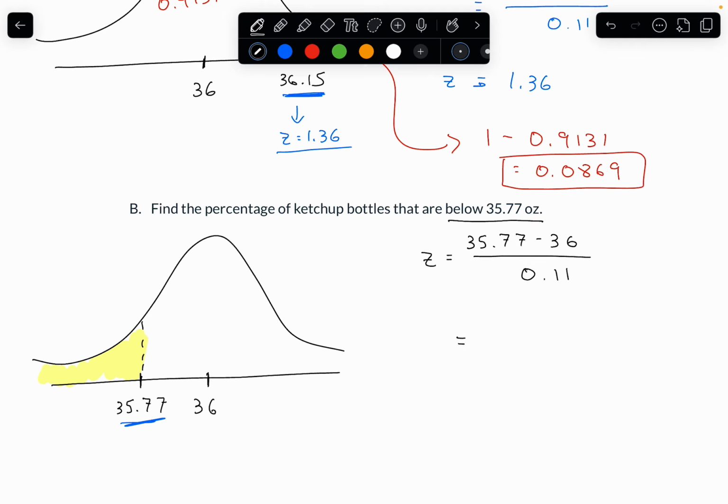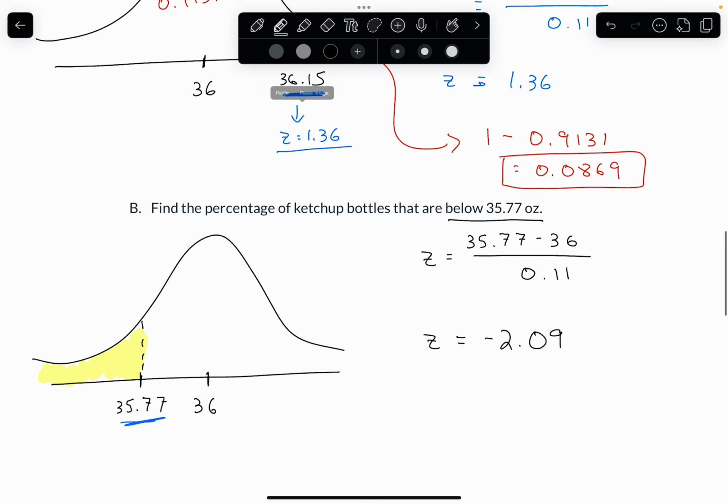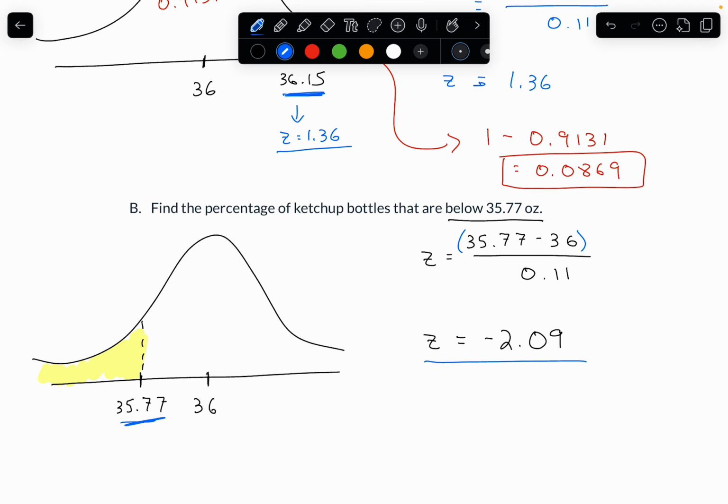So if you want to grab your calculator for a second, 35.77 minus 36 divided by 0.11 gives me, I ended up with z equals negative 2.09 repeating, so we'll just say negative 2.09. One thing that I'll mention, if you are going to try and do the z-score formula all in one step in your calculator, you are going to have to put that numerator in parentheses, so just be extra careful. I will usually just go ahead and calculate out the numerator and then divide by the denominator in a separate step. But here's our z-score, negative 2.09.